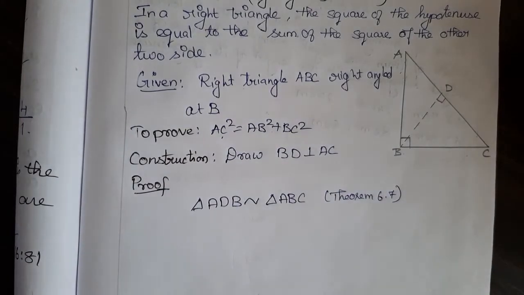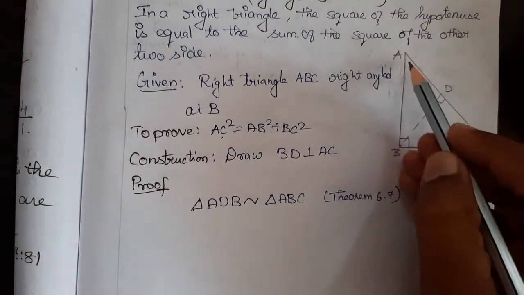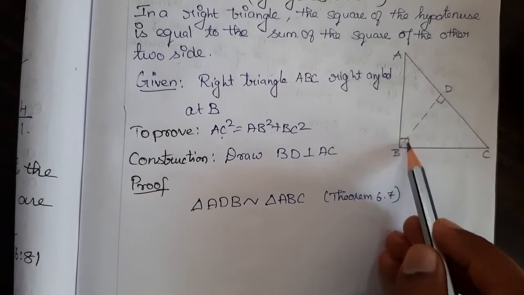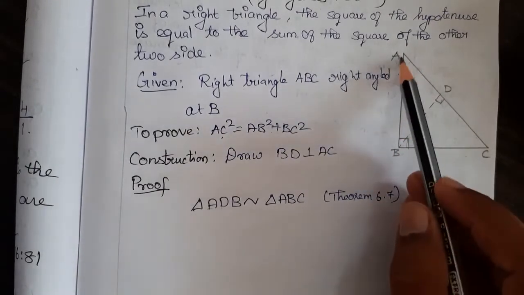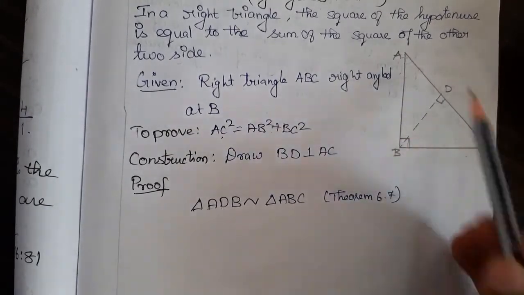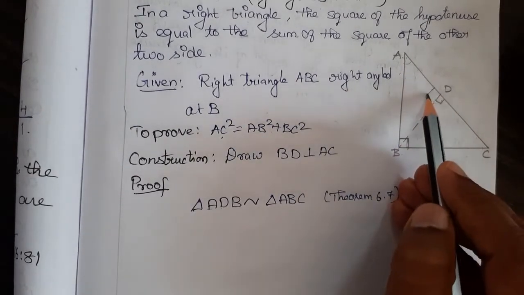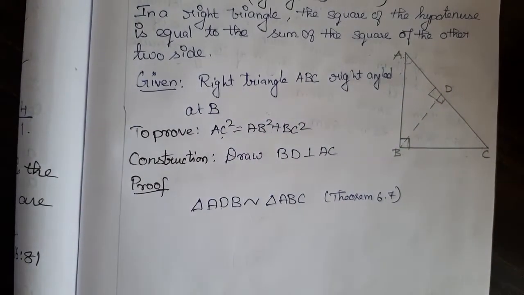We have to match the vertices. A is common for both triangles, and D is a right angle and B is a right angle. We are choosing triangles ABD and ABC. This angle A is common, and this is a right angle and this is also a right angle. So by the AA similarity criterion, both the triangles are similar.